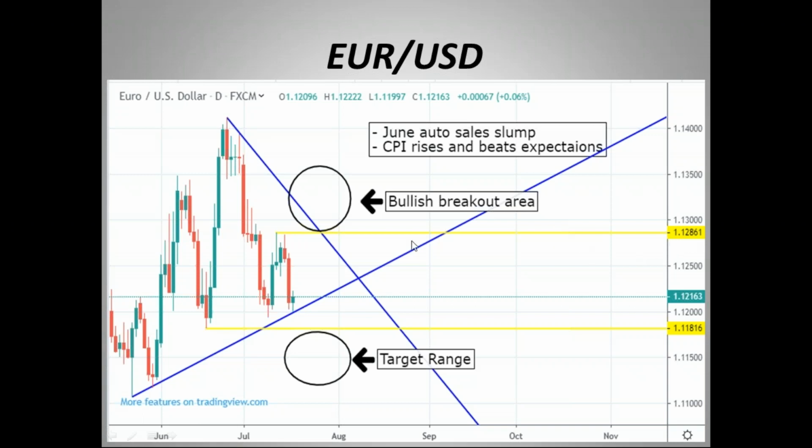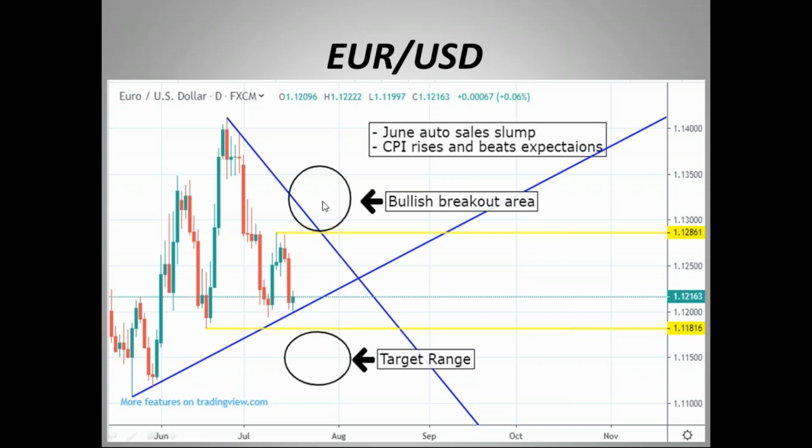We have $1.1286, which is off of this recent lower move high from last week. And then we also have this low down here at 1.1181. Now, this is only a 1 cent range. Look at the bulk of the trading for this market, except for this little pop up here: it has been within these 2 pivots right here.